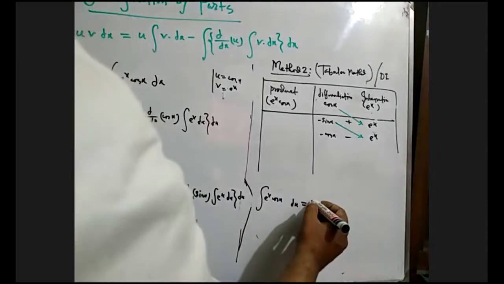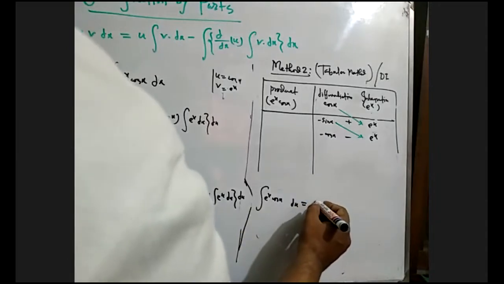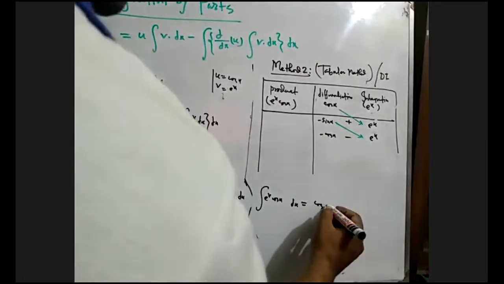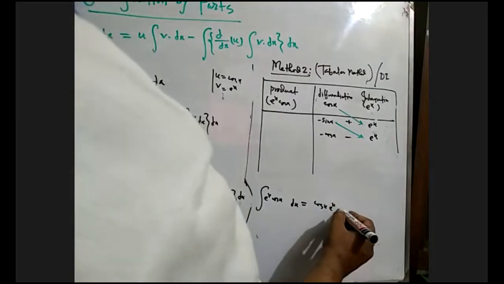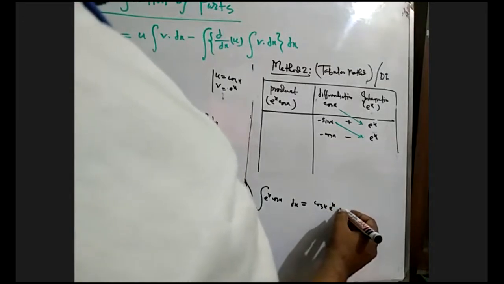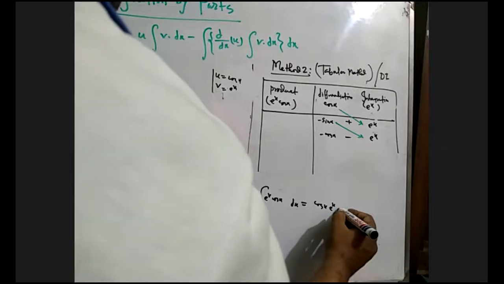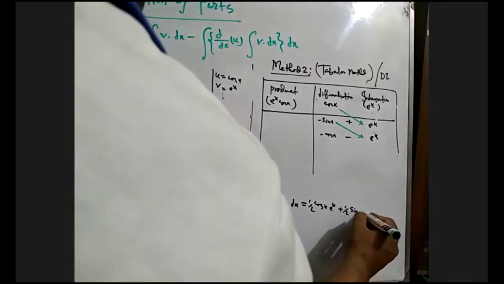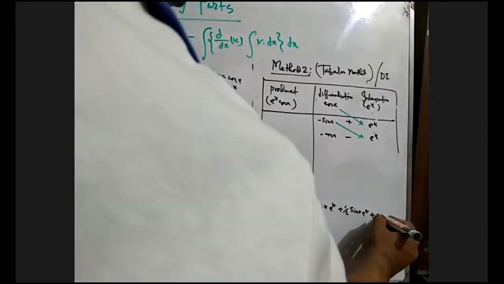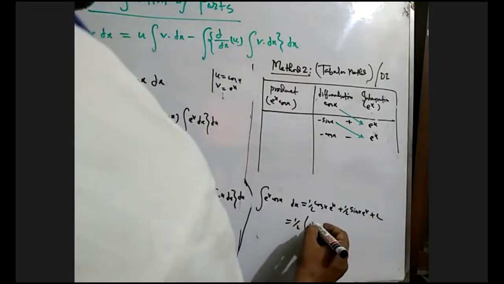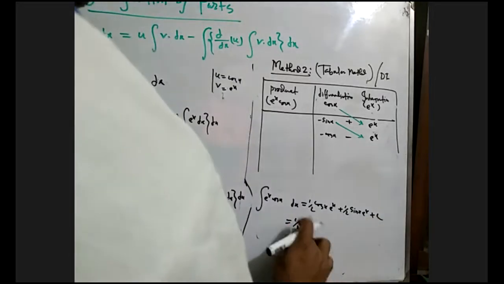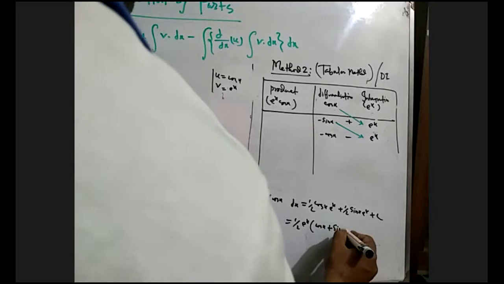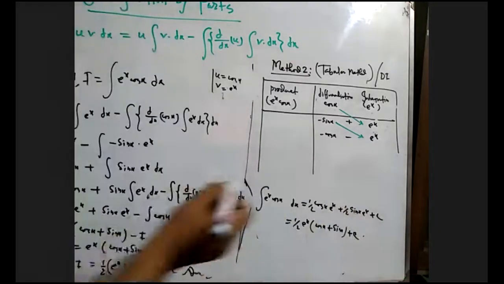So cos x into e to the power x gives half into cos x e to the power x plus half into sin x e to the power x plus c. That means half e to the power x, cos x plus sin x, plus c. This is the result.